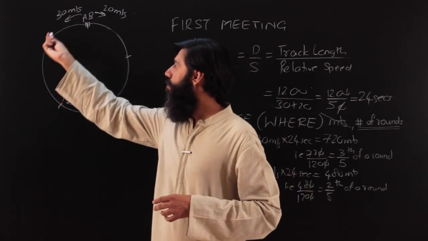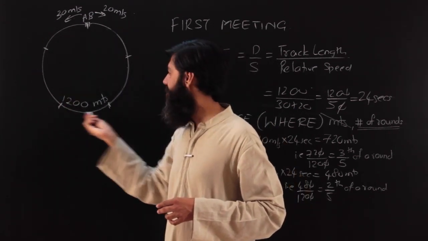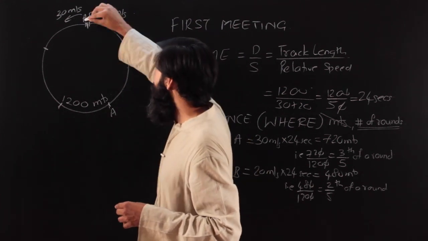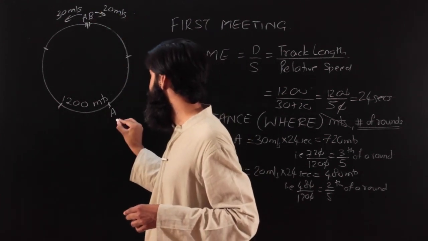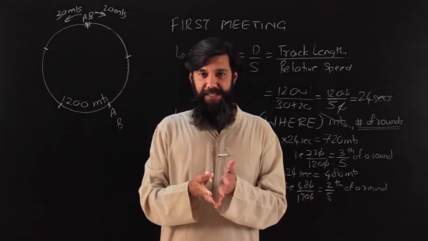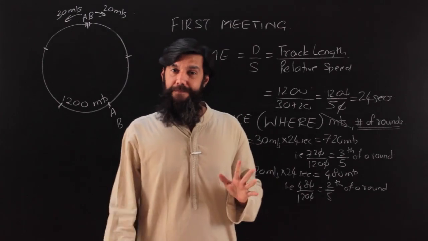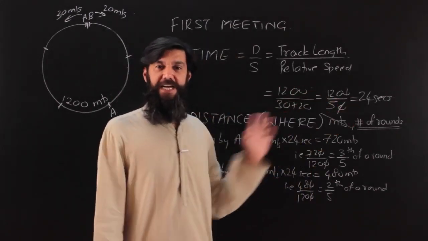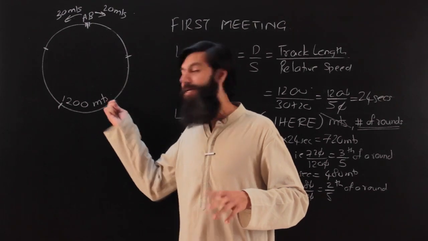So A is going to run 1/5, 2/5, 3/5. So A has reached over here. B is going to run 1/5, 2/5. B has also reached the same point. So they are together, right? So we have found the first meeting. We have seen after 24 seconds we have located the point of the meeting.